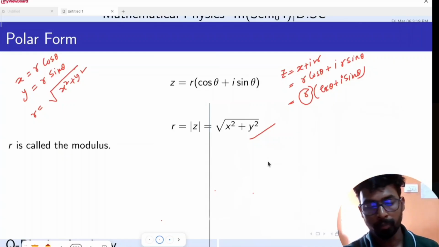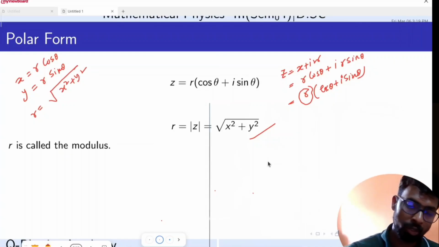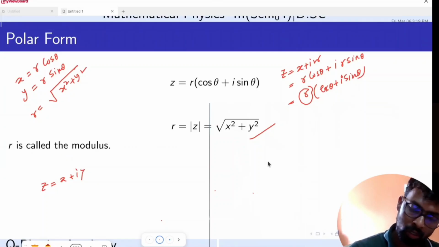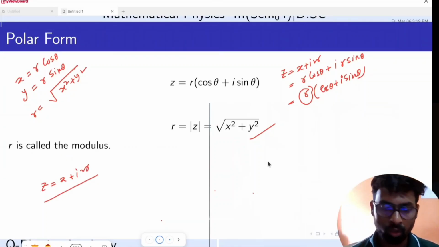So you have a complex number, let's say z = x + iy, and you want to express this complex number in polar coordinates.